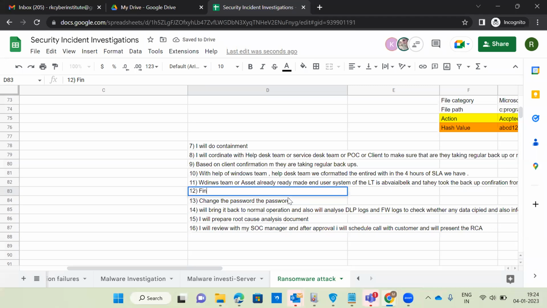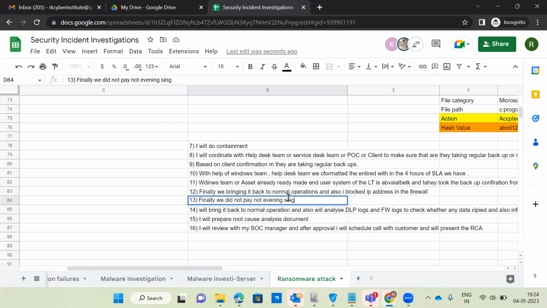And also, I blocked the IP address in the firewall. Okay. So finally, we did not pay not even a single penny or rupee to the attacker. Because of this reason, I got an appreciation email from the client.